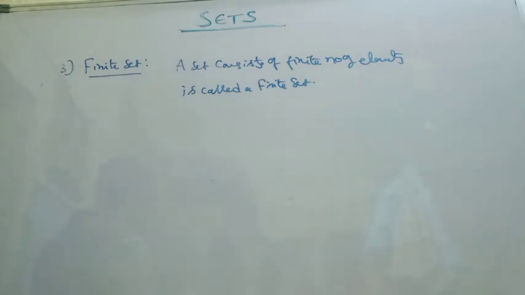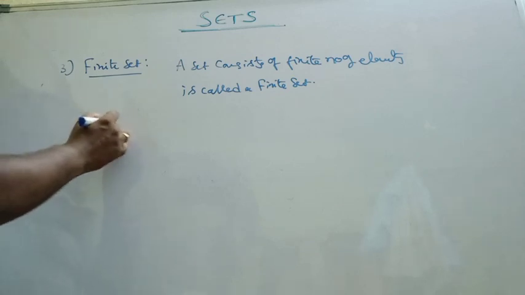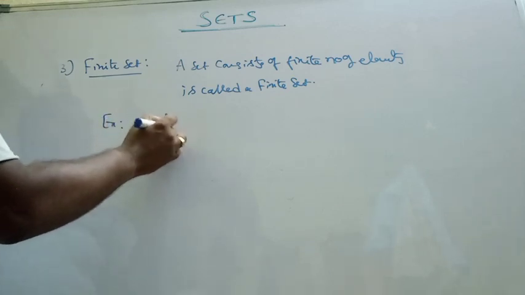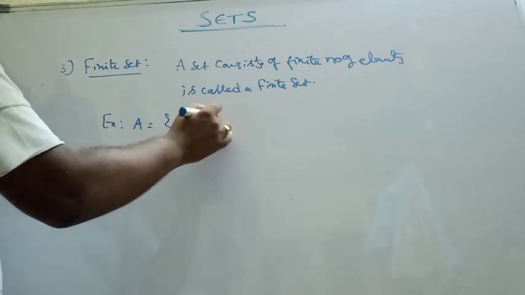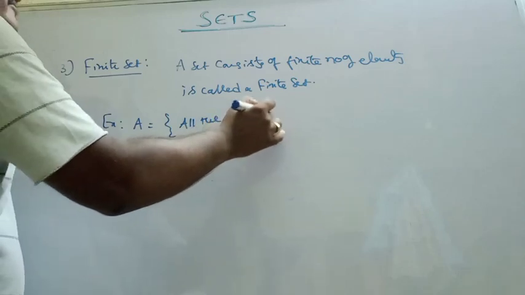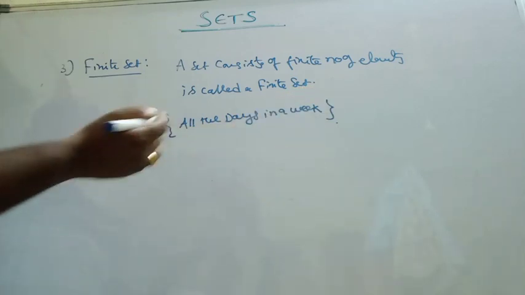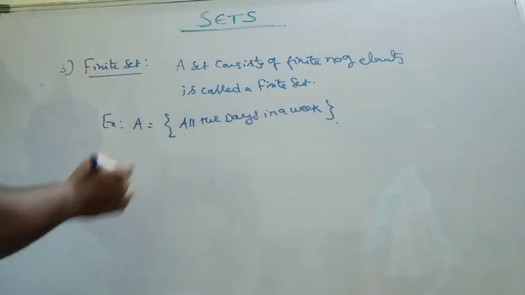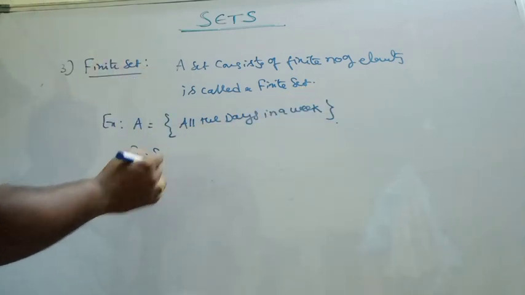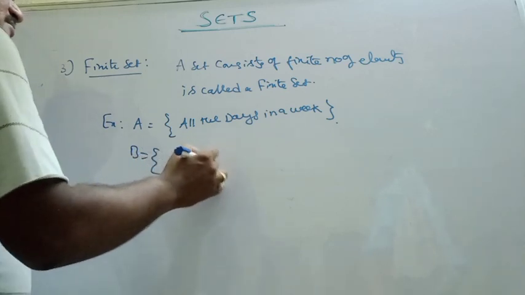For example, all the days in a week is an example of a finite set. Set A is equal to all the days in a week. This is countable, right? That's why it is a finite set. Set B is equal to all the days of a year.